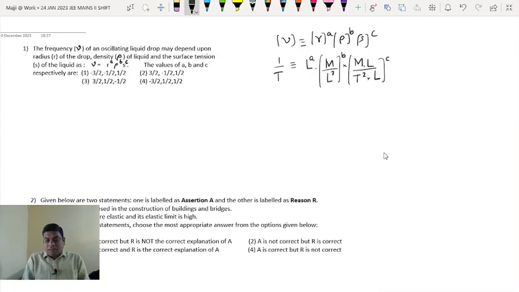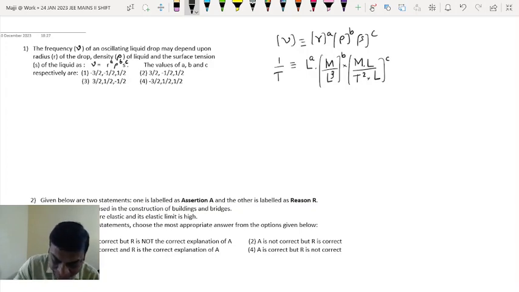You can collect the powers of M, L, and T separately, and then you can equate the powers of M, L, and T separately on both sides, and then you can solve them, right? So that is the usual method. But here, a small observation can drastically simplify this problem.